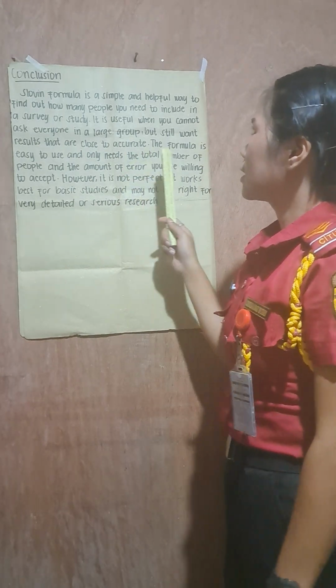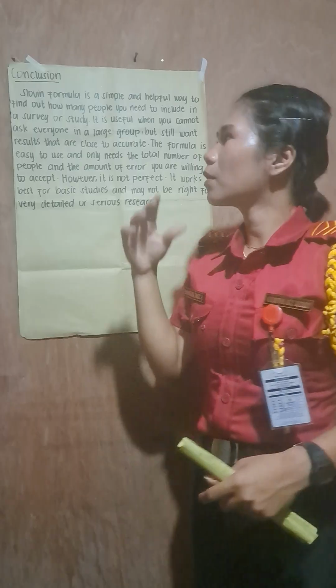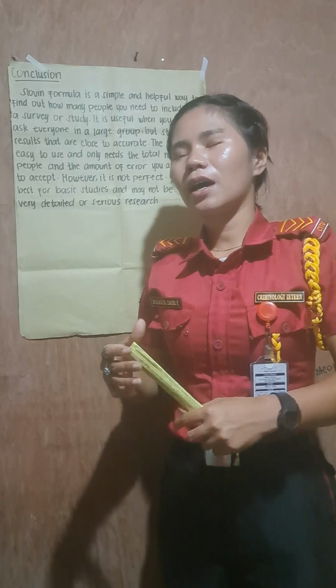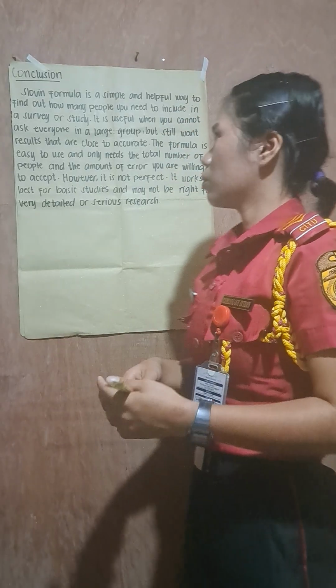So, mao to akong giingon ganina nga ang Slovin formula is helpful siya in the way nga ma-determine nimo kung pila lang ka tao ang imong gina-survey instead nga ang whole population ang imong surveyhan.